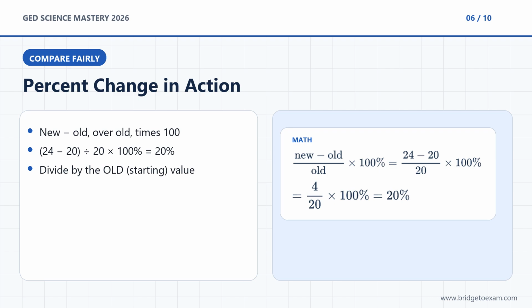That is 24 minus 20 over 20 times 100%. 24 minus 20 is 4. 4 over 20 is 0.2. Times 100 is 20%. So the plant grew by 20%. The key move people miss: you divide by the old value, 20, the starting amount, never by the new value.